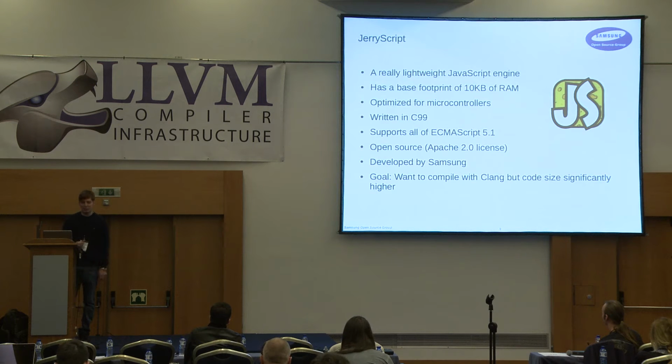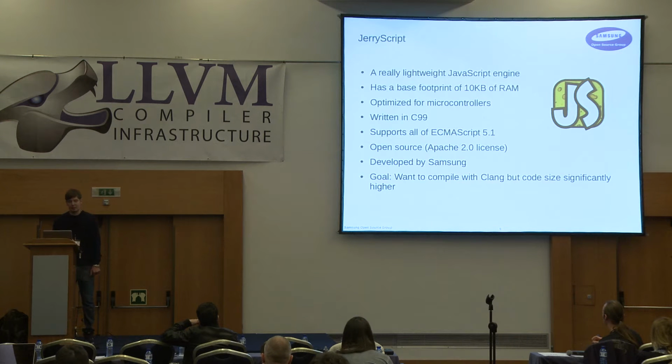JerryScript itself is written in C99 for maximum portability, and it supports all of ECMAScript 5.1. So this is not just supporting some subset of JavaScript, it's really the full thing. And it passes the Test262 conformance test suite. So all the features are there. And the project is open source.